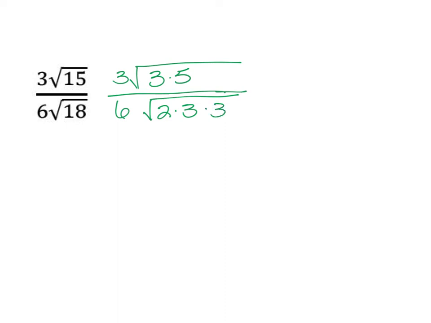So first of all, I'm going to cancel and simplify wherever I can. I'm going to look outside that radical. Notice these are both divisible by 3. So this will become a 1, this will become a 2. Then under the radical, I can actually eliminate a pair of 3's. So when I simplify this, I end up with the square root of 5 in the numerator, and then 2 times the square root of 6 in the denominator.